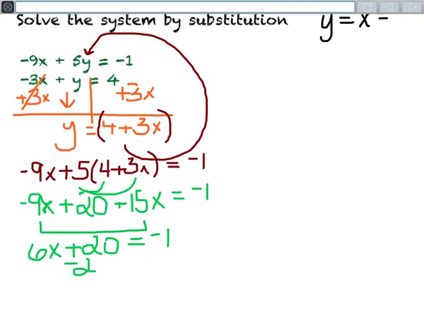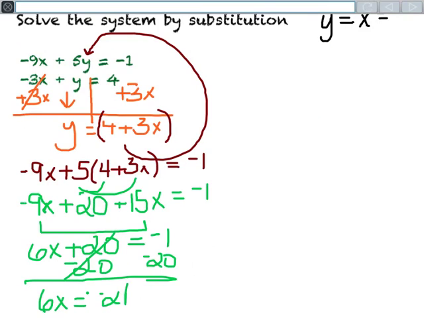Subtract 20 from both sides of the equation. Those cancel, and I get 6x equals negative 21. Now you're probably starting to panic because, oh my gosh, it's not even, and that's okay.